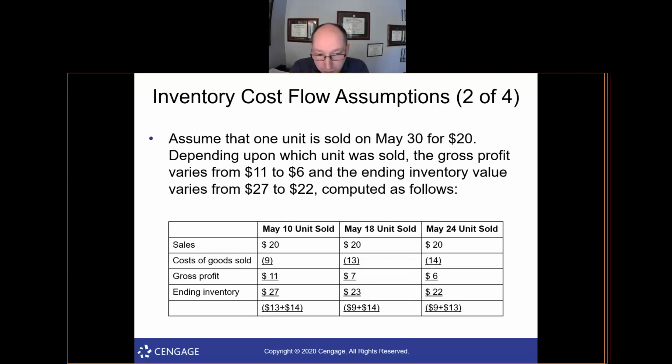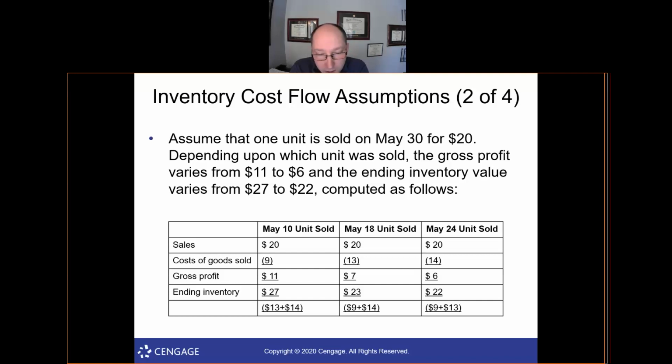That gives me a gross profit of $11. My ending inventory is $27. How did I get to $27 for my ending inventory, you might be asking? Well, I sold that first one. It cost me $9. That means I have 2 more left from May 18th and May 24th of $13 and $14. So 13 plus 14 is 27.